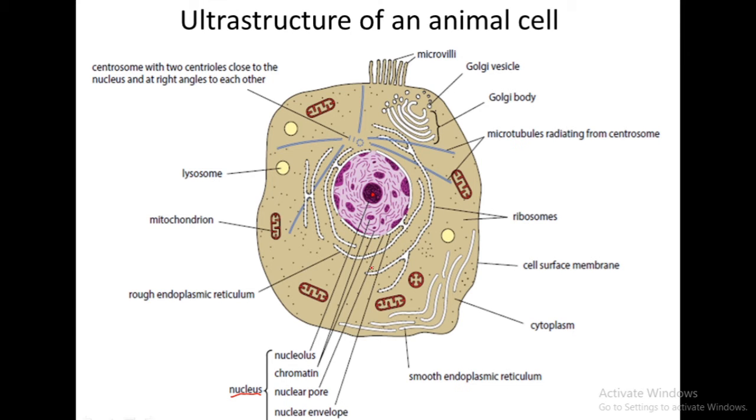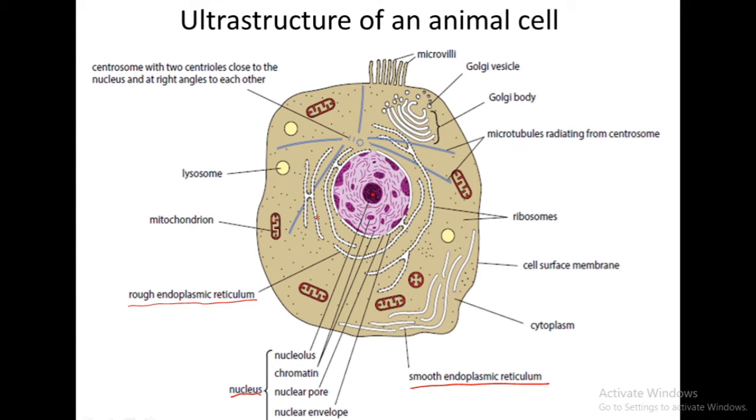The next structure which we will be talking about is rough endoplasmic reticulum. Basically, endoplasmic reticulum is of two types. One is the rough and the other one is the smooth, as you can see here. Rough endoplasmic reticulum is the organelle which is continuous with the nucleus, and it has tubular membranous structures like this.